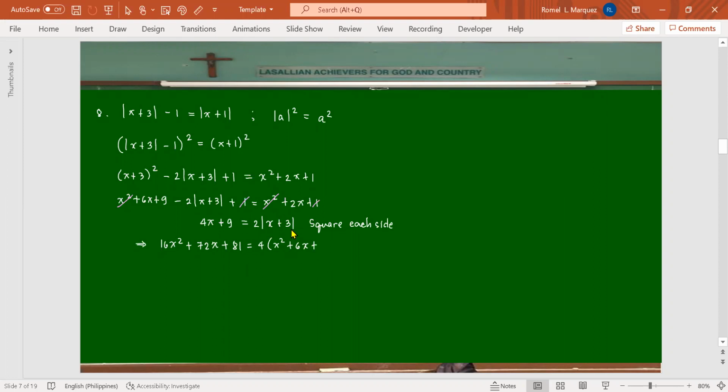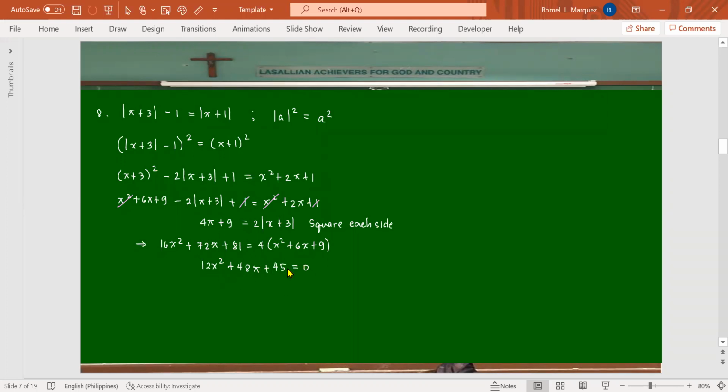When we square the absolute value, no need for absolute value. And then just expand. And this is 4. So 16 minus 4 is 12x squared. What about 72 minus 24? 48x. Then 81 minus 4 times 9 is 45. Am I correct?